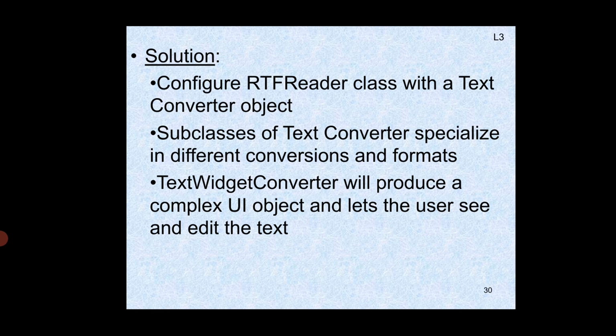So the text converter objects are responsible for both performing the data conversions and representing the tokens in a particular format. Here we study the text widget converter. It will produce a complex user interface object and lets the user see and edit some text.